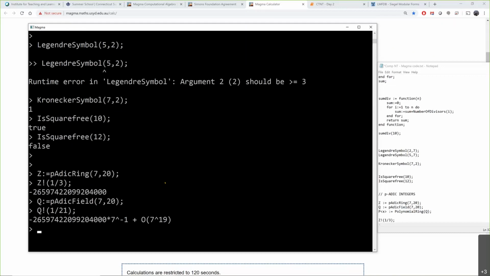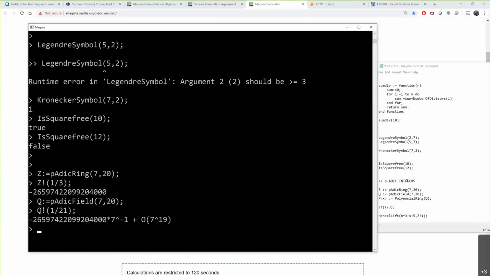Yeah, I don't know why the negativity, but it's an integer that is congruent to the beginning of the expansion up to the 7 to the 19 term. The number it outputs is some base 10 thing. It's not intrinsically base 7 digits or anything. No, it's just an integer in base 10. Correct. Yep.